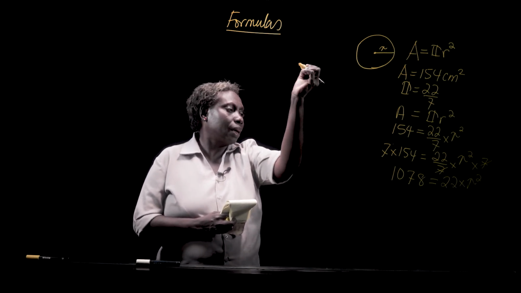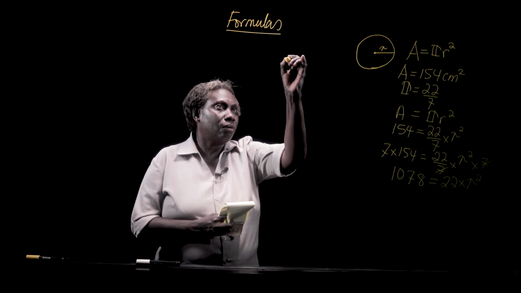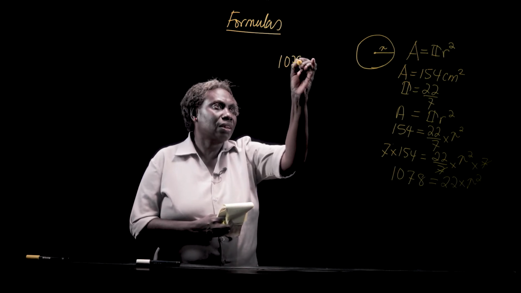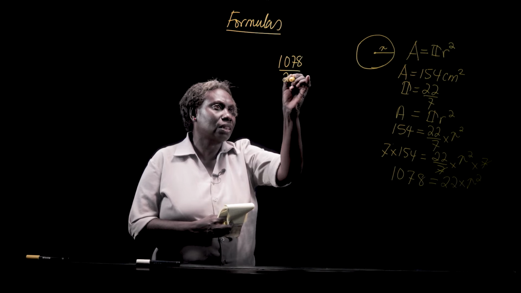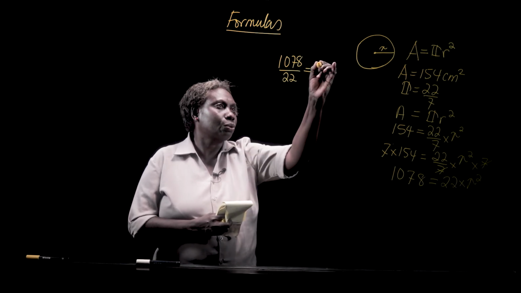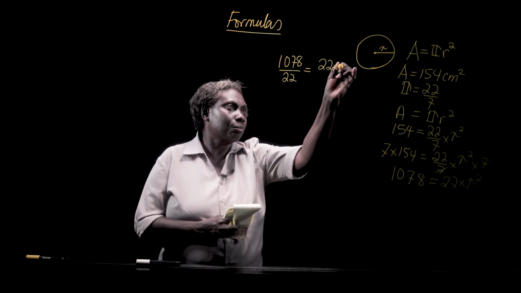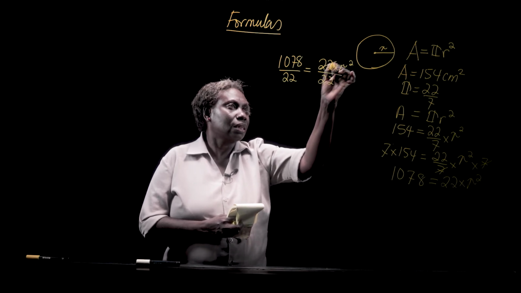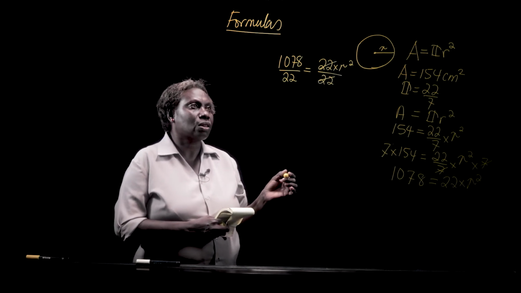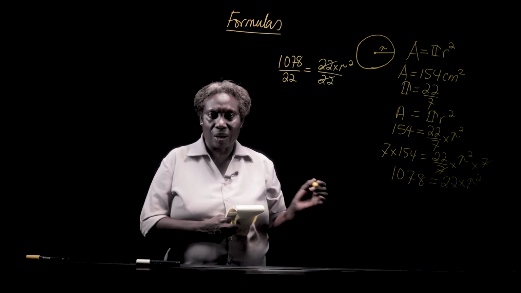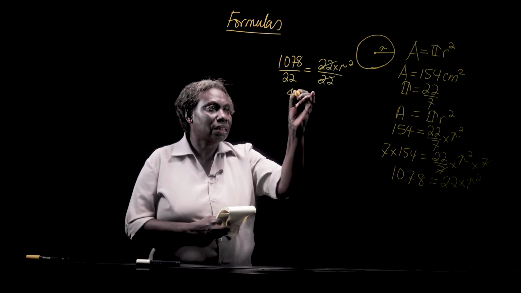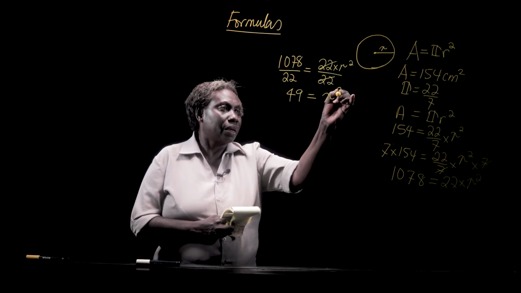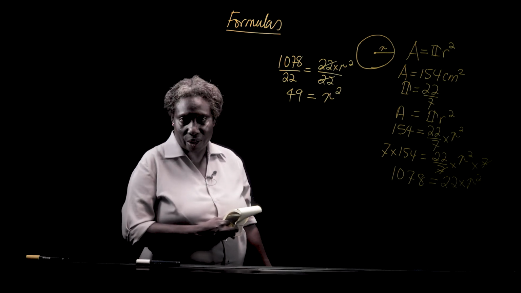So we have 1078 divided by 22 equals 22 times r squared over 22. This cancels out. 1078 divided by 22 is 49. So 49 equals r squared.